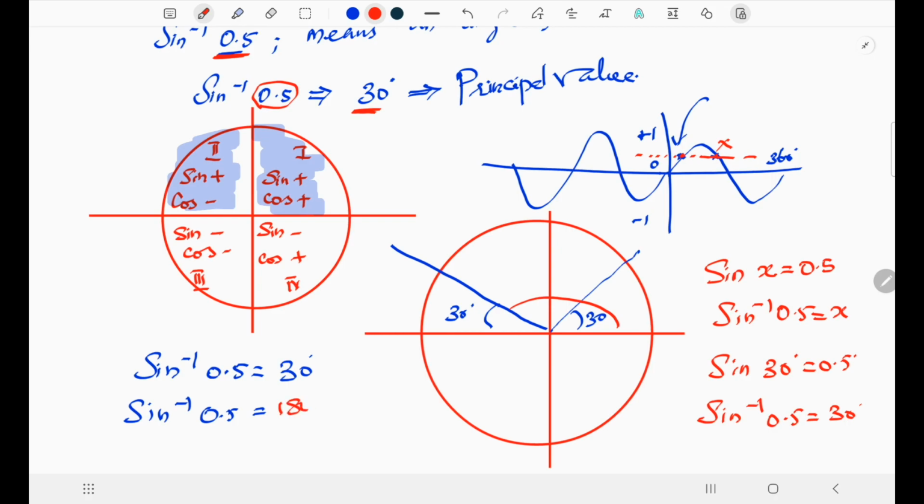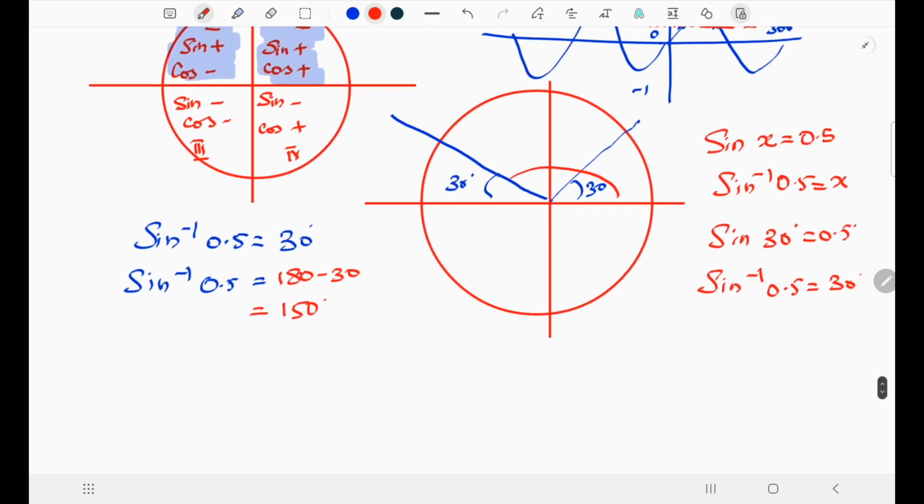It is 180 minus 30 equals 150 degrees. So finally, sine inverse of 0.5 equals 30 degree and 150 degree, sorry, not Celsius, degree, right? So this is the inverse trigonometric function.